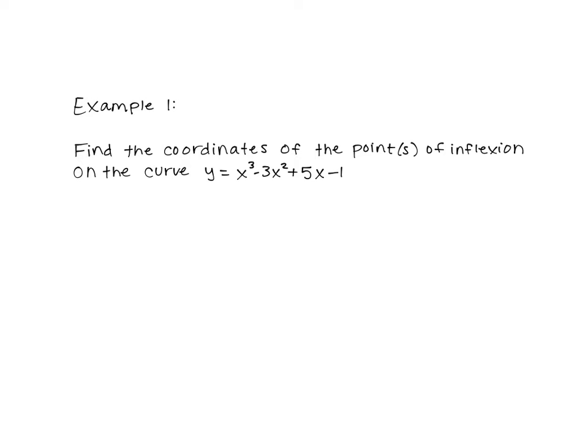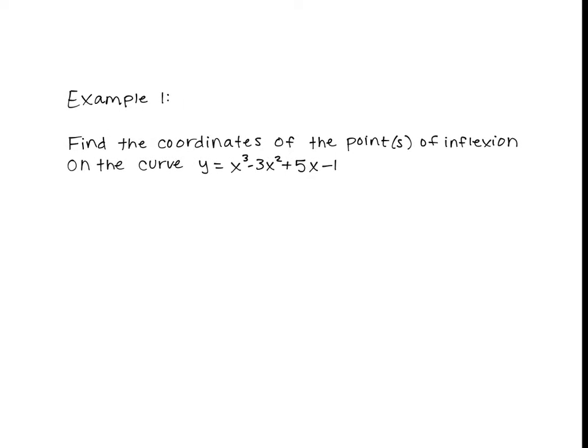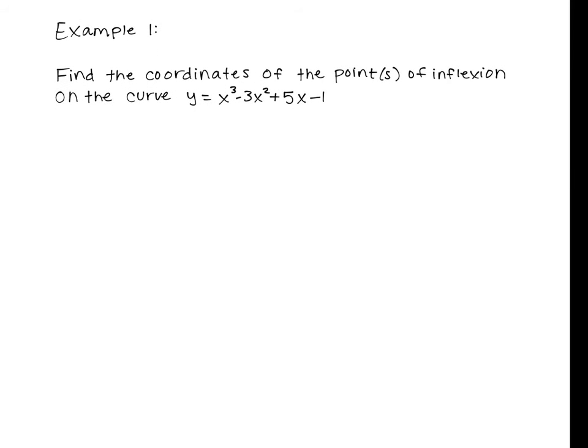Find the coordinates of the point of inflection on the curve, and so it gives us our curve. So in order to find the coordinates of a point of inflection, we are going to find the second derivative and set it equal to zero. That's your first step always. Okay?